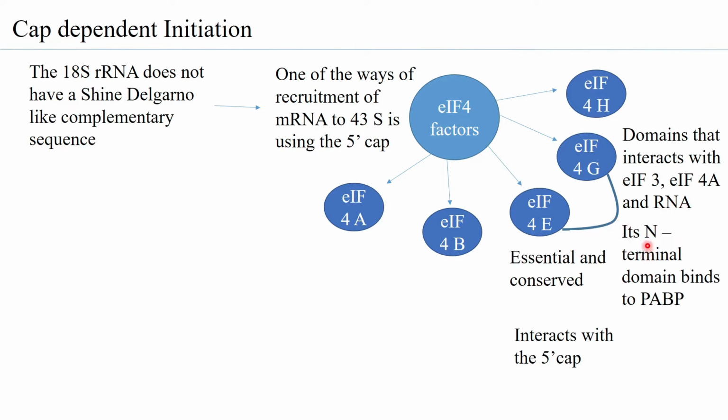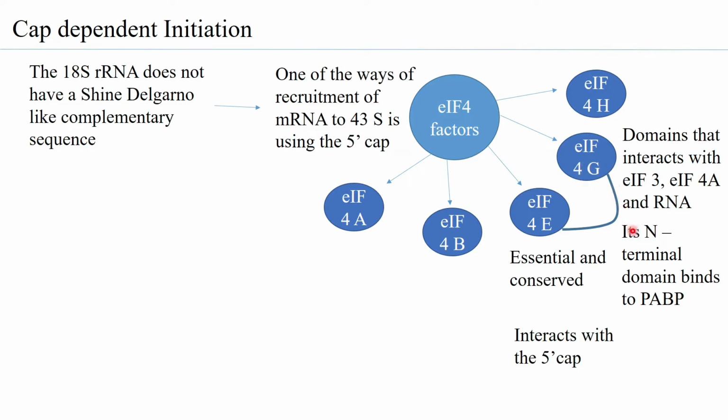Moreover, what has been observed is that its N-terminal domain can bind to poly-A binding protein. We all know that mRNA in eukaryotes has a 3' poly-A tail. Those poly-A sequences present at the 3' end of the mRNA are always bound by the poly-A binding protein. And those proteins can in turn bind to EIF4G.